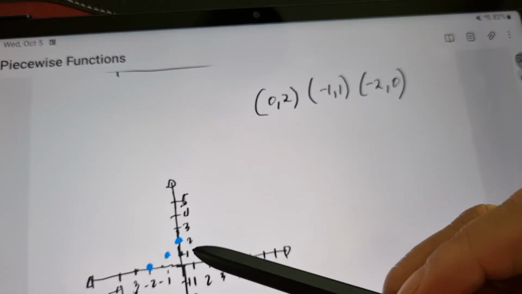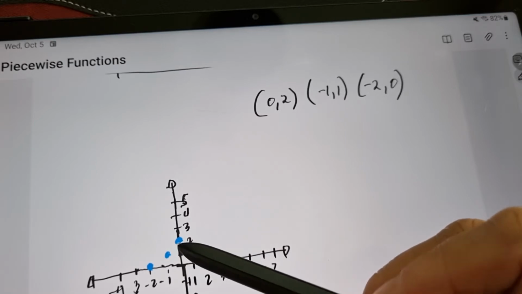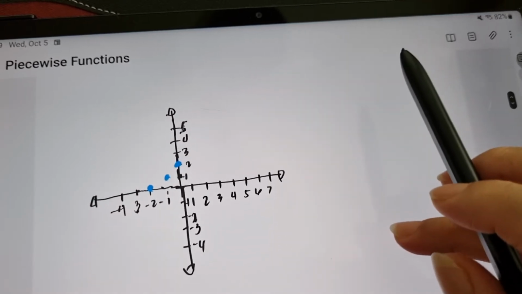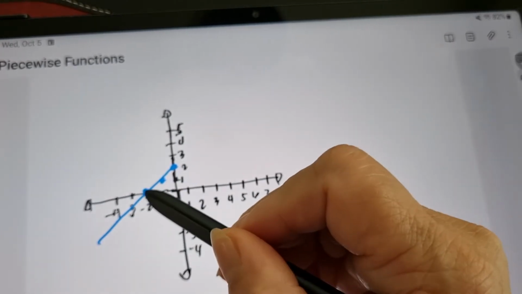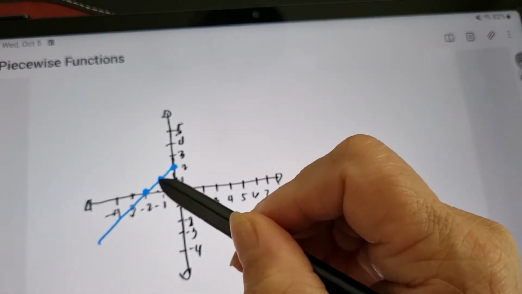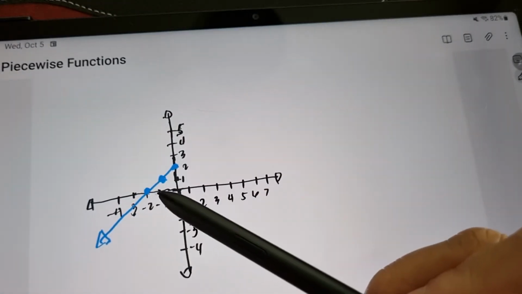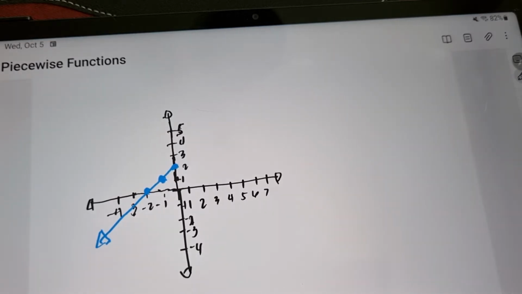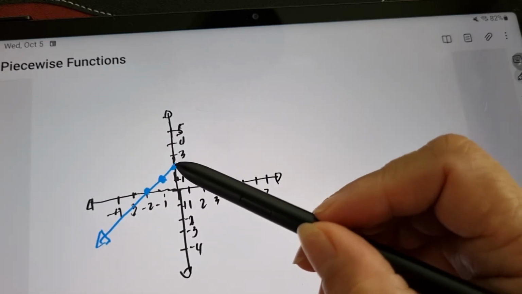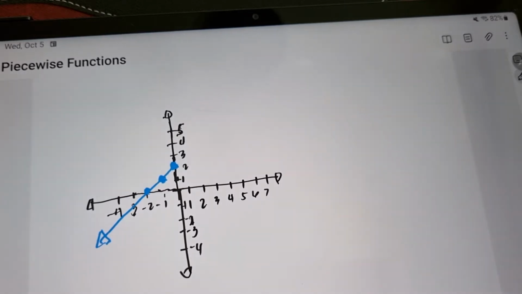So, ibig sabihin, yung 3 points na to, ay kukonect lang natin. And, makakabuo na tayo ng straight line. At going dito, arrowheads. Ibig sabihin, lahat ng numbers na value ng x dito ay kasali. Okay? Going to the left. Okay? So, that's the graph.